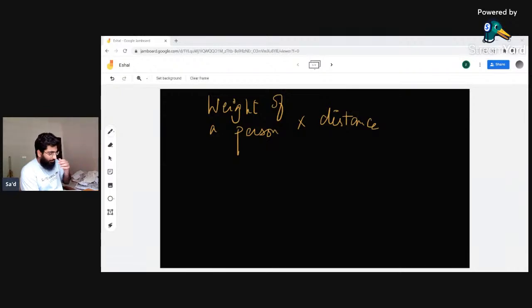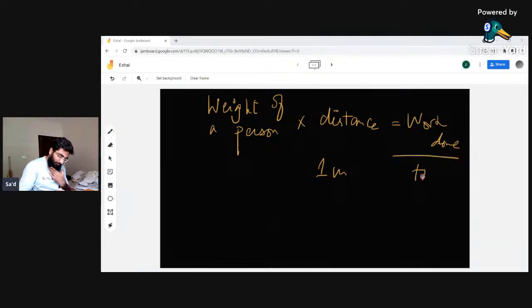So what is the maximum distance they are able to cover carrying their own body weight? That would give me work done, and then I'll divide this work done by time. For example, let's say I give them a time of 1 minute. How much are they able to run in 1 minute? So I'll divide that work done by time.